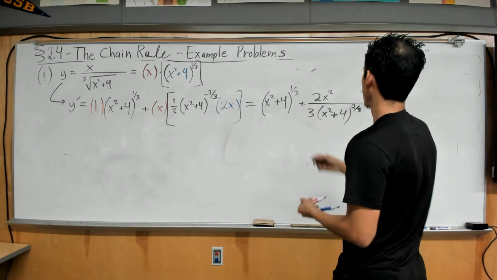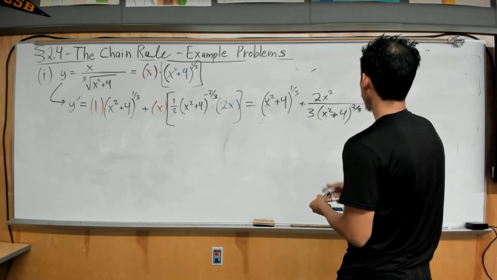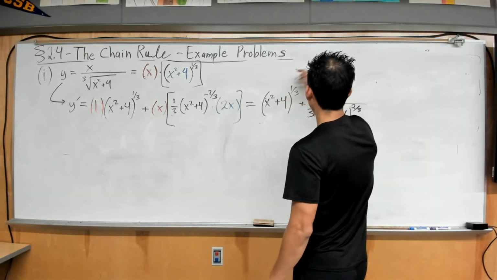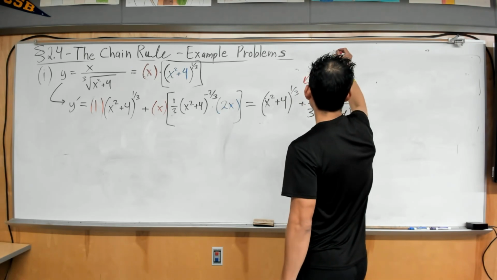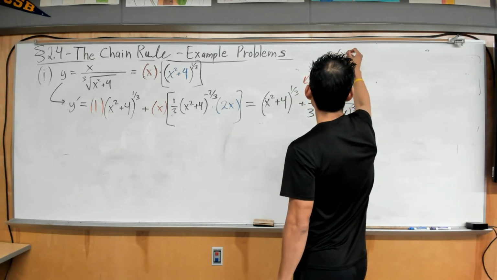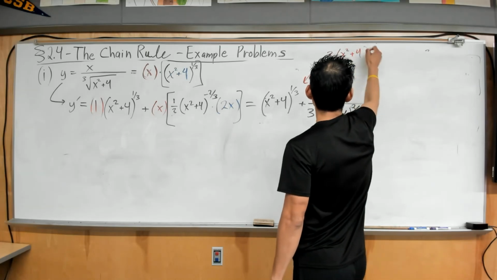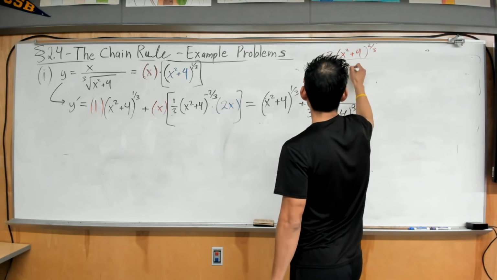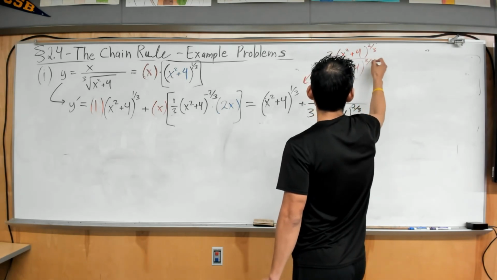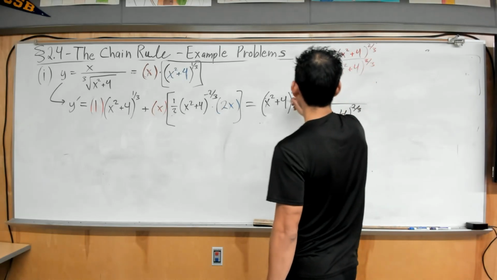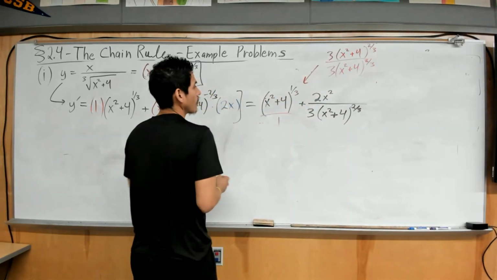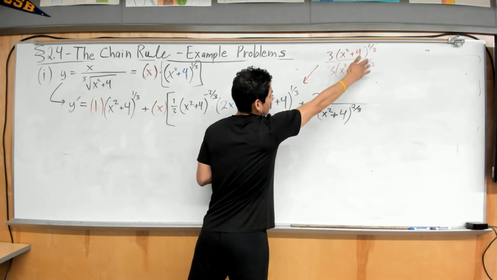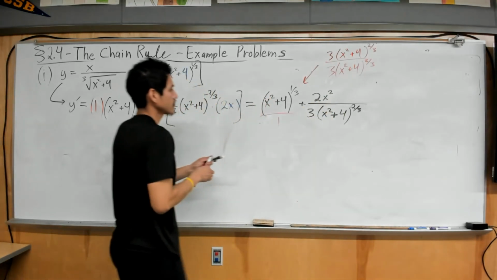And make like denominators, so we're going to multiply this by 3 times x squared plus 4 to the 2/3 over 3 times x squared plus 4 to the 2/3, right? So they're both then going to be over 3 times x squared plus 4 to the 2/3 power.